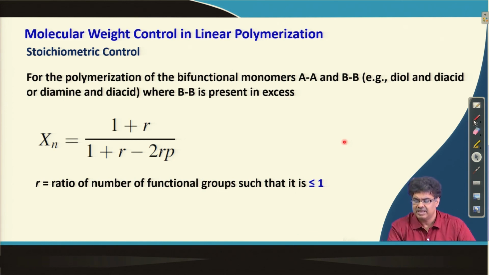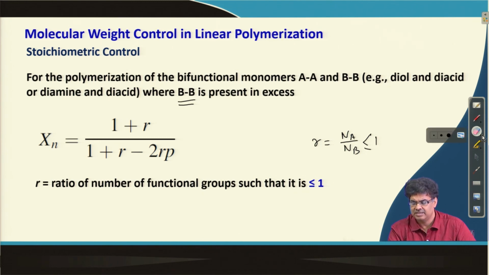So in this case R is the number of functional groups of A divided by the number of functional groups of B, because B is in excess. R is always less than or equal to 1. When they are present in the same number, it equals 1, and when B is larger, it is less than 1.